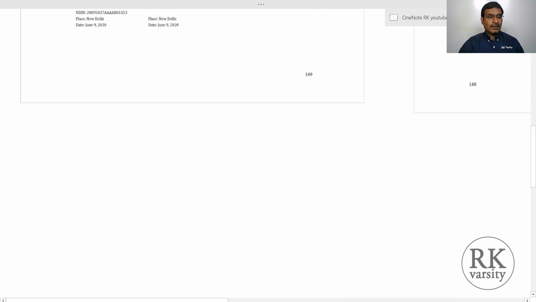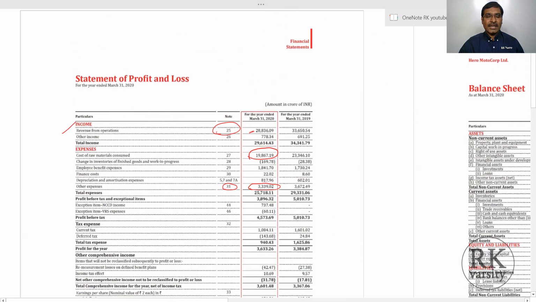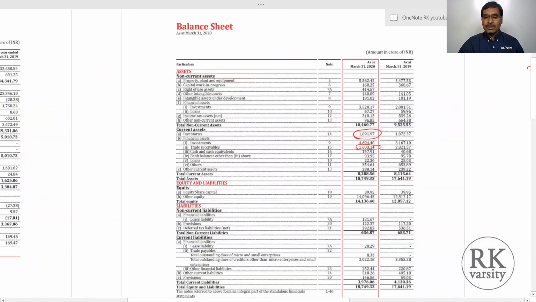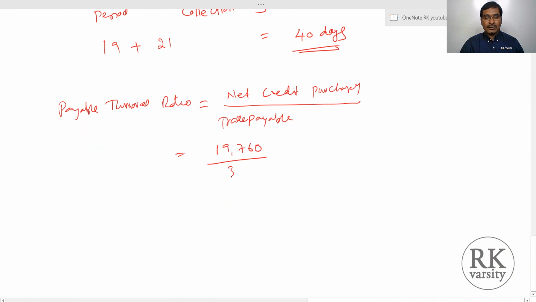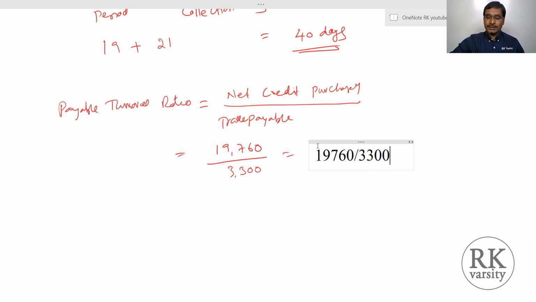Then your trade payables. From an annual report of a company, you will know the trade payables. So here trade payables are 3,030 crore. So your payables turnover ratio is 19,760 upon 3,030.